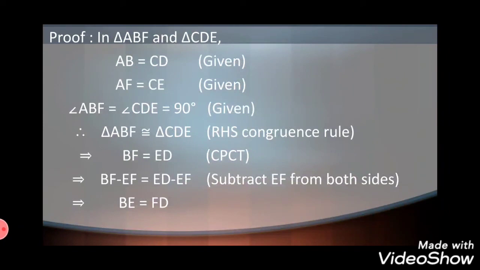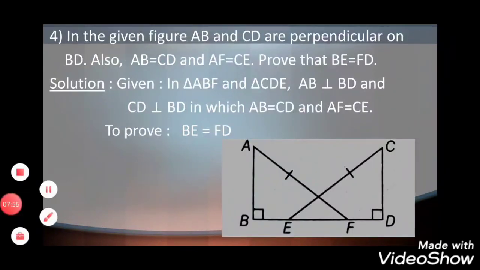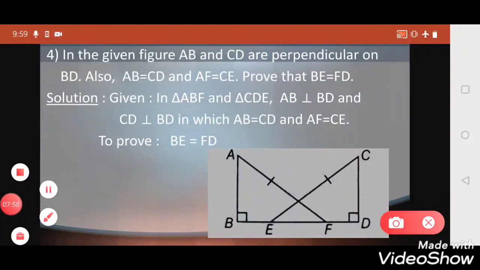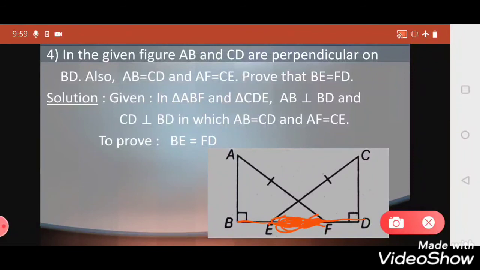Let's once see in the figure. So, it is already CPCT we got BF equal to DE. Now, we are subtracting EF, this part, from both the sides. That is, we are removing EF from both the sides. So, here BF minus EF we will get only this part BE.